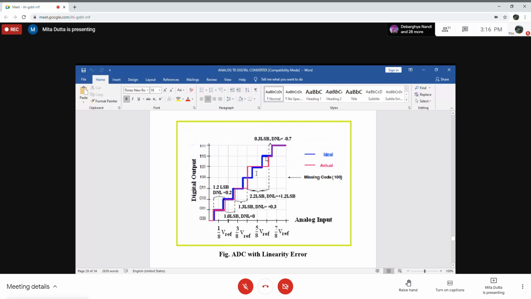up to plus minus 0.5 LSB, we couldn't miss the code.